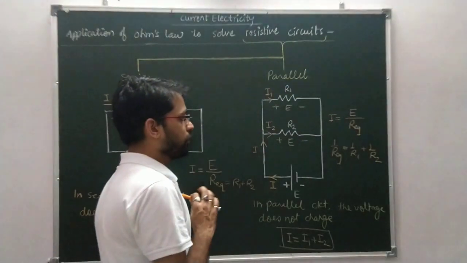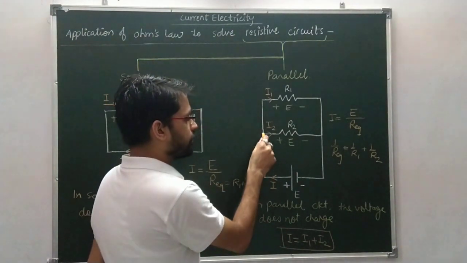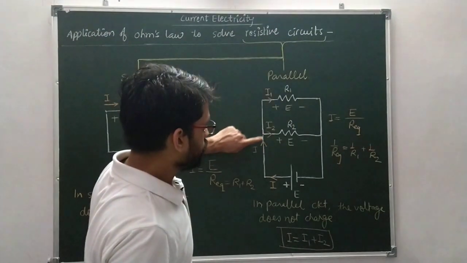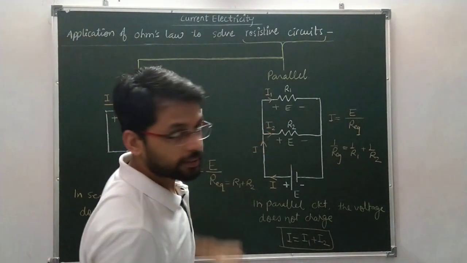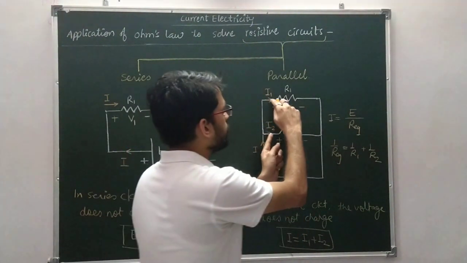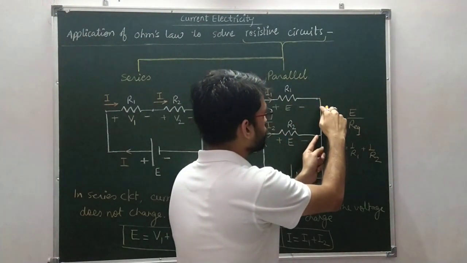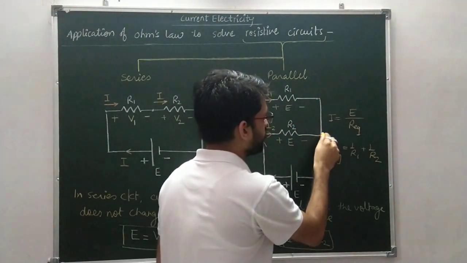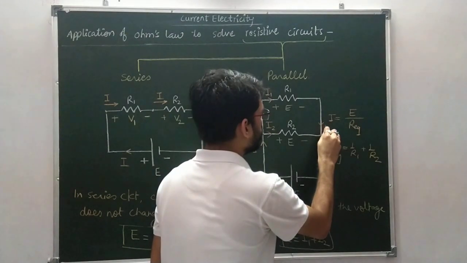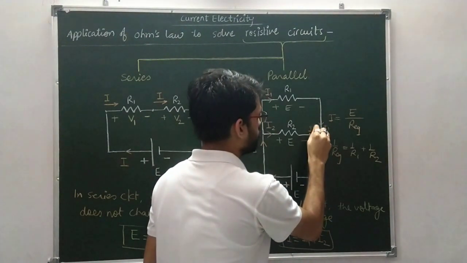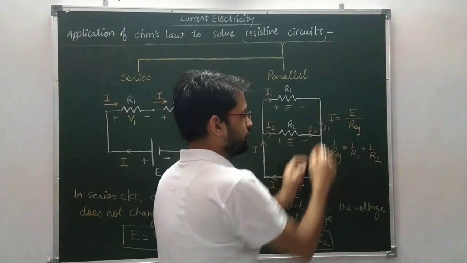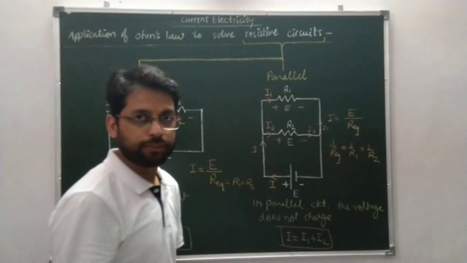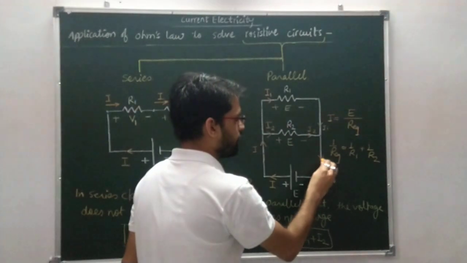Now one more thing, at this node, the current I is divided into two currents, I1 and I2. When these two currents flow through the wire and reach here, at this node these two currents recombine to produce I again in this branch.